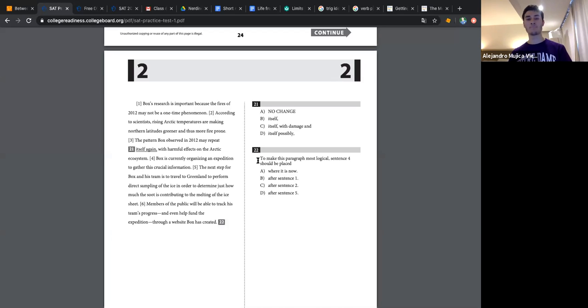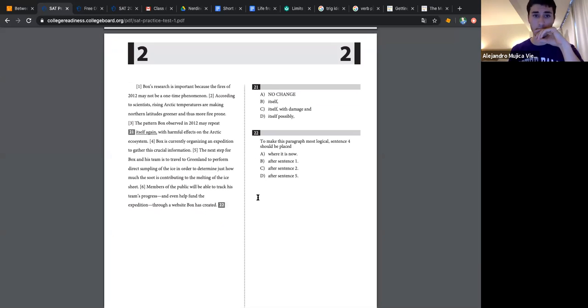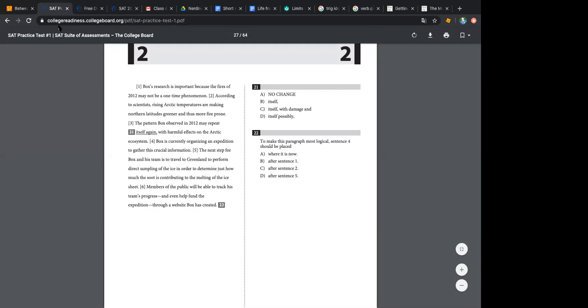So it's talking about how we need to do this research expedition. And number 4 is saying we're organizing the research expedition. So that's why the correct answer is placing it after sentence 5. D. Is this clear? Wonderful. Cool. Yep.